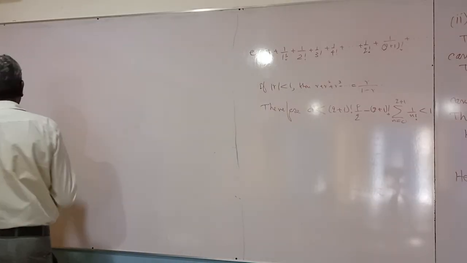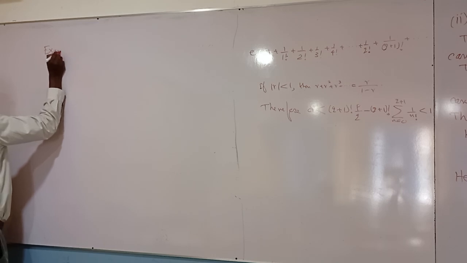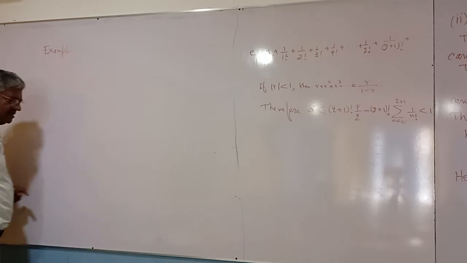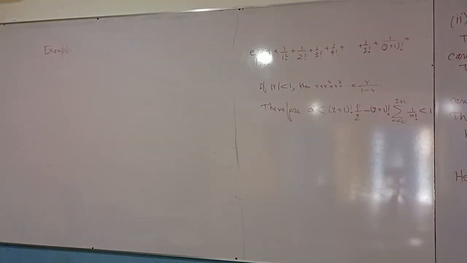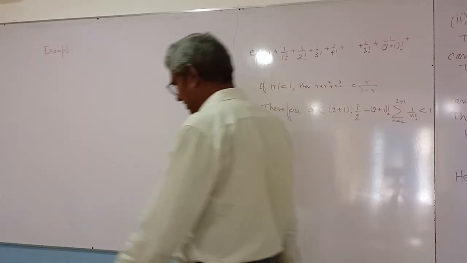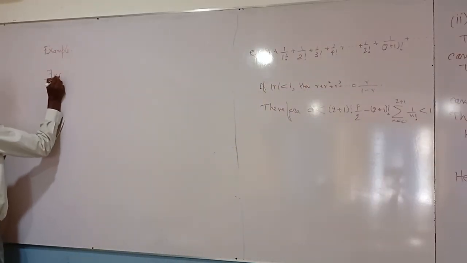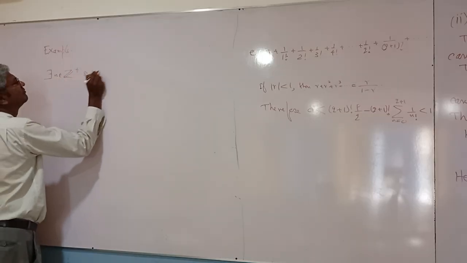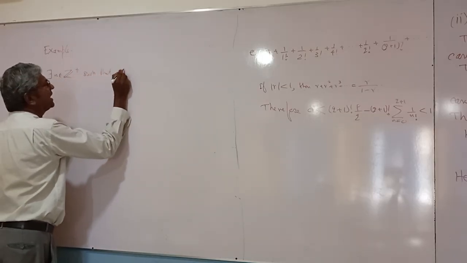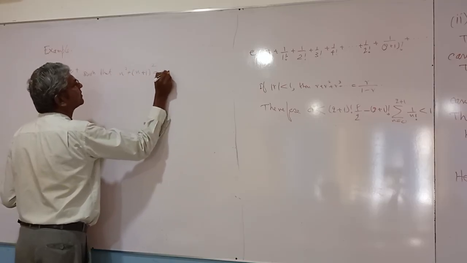Example. In maths, when you say example, of course, example has another meaning; we have many examples. But here in maths, there is an integer n belonging to Z plus, for instance, such that n squared plus (n plus 1) squared is equal to (n plus 2) squared.